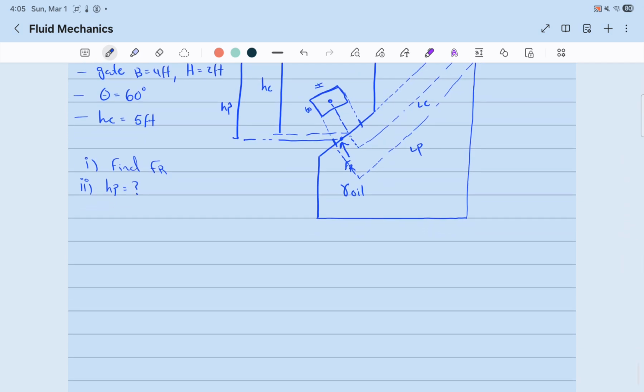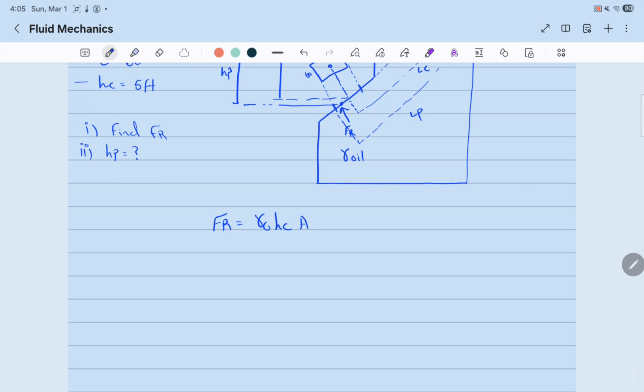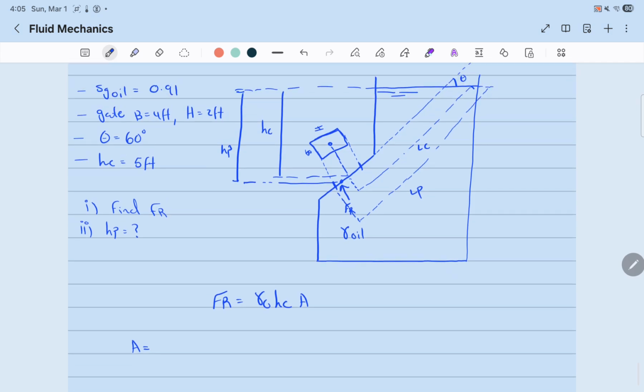To start off, the resultant force equals specific weight of oil times HC times A. Now we know A, since the submerged surface is a rectangle gate, therefore the area of a rectangle gate is width times length.